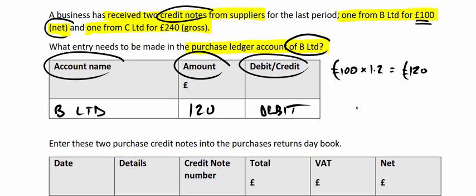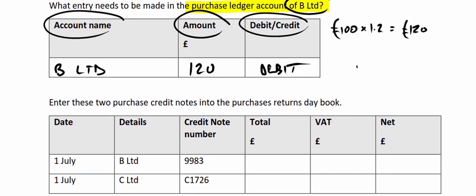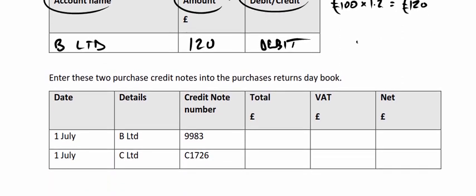Now that's looking at the entry in the purchase ledger account of one of the suppliers. We're then asked to enter both purchase credit notes into the purchases returns daybook. So this is one of our books of prime entry. You can see they've already included some of the information required. We just need to complete the values with the total value, which would be the gross full value of the credit notes, then the VAT element and the net element.